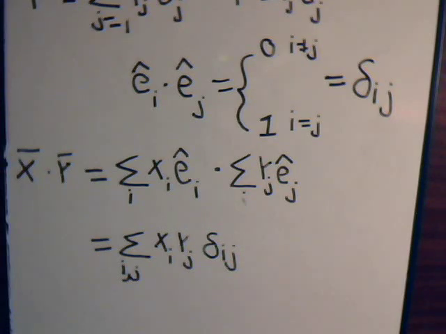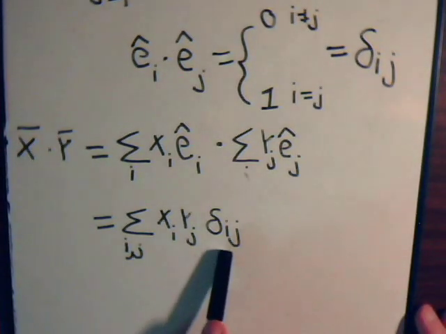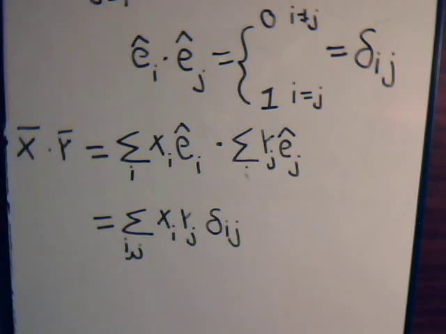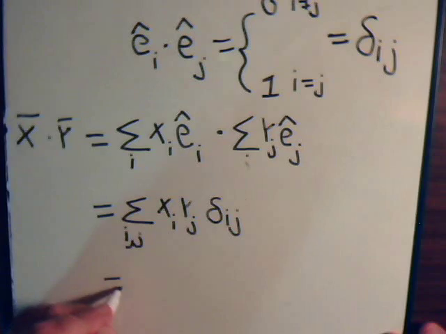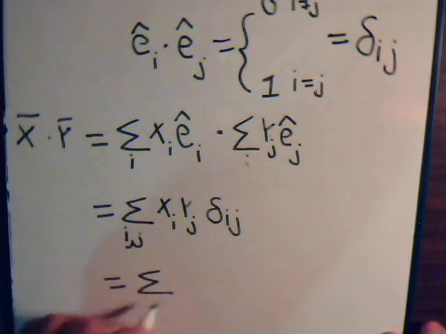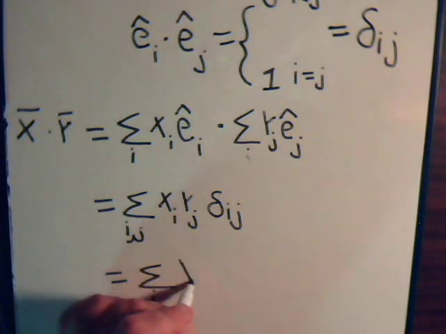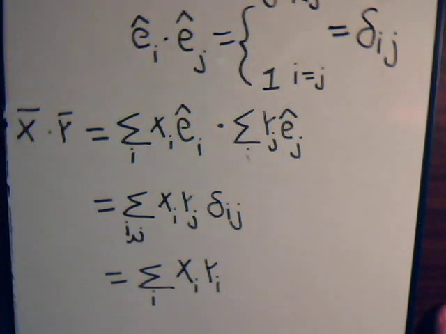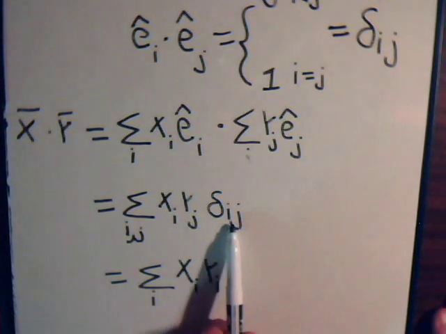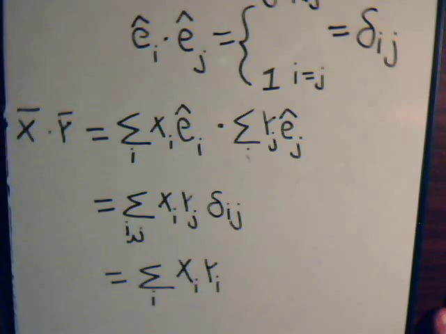And now what does this mean? Well, this is going to be 0 unless i equals j. So this now becomes this expression summed over i, xi yi. This is 0 unless j equals i, then it's just 1.